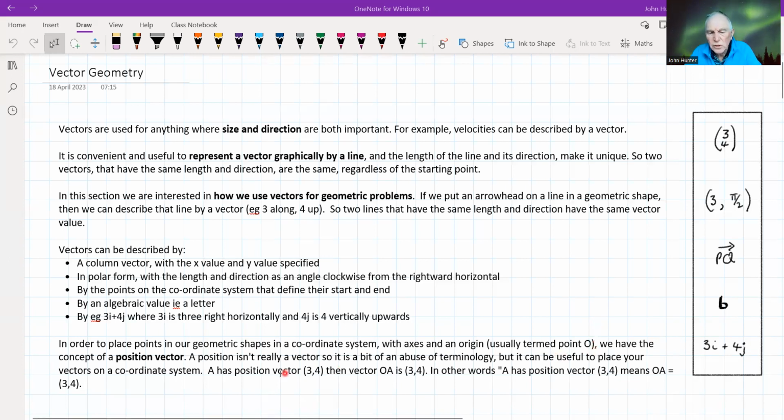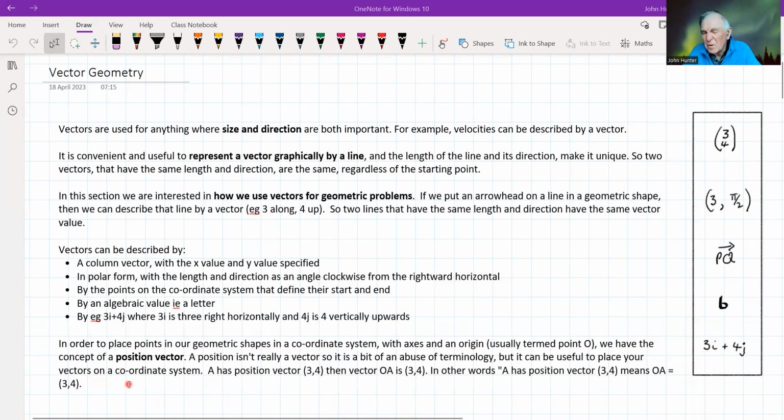What we're saying with this is, if some point A has position vector 3, 4, then the vector OA, with a line on the top, is 3, 4. A has position vector 3, 4 means vector OA equals 3, 4. Or maybe some algebraic value, some letter.